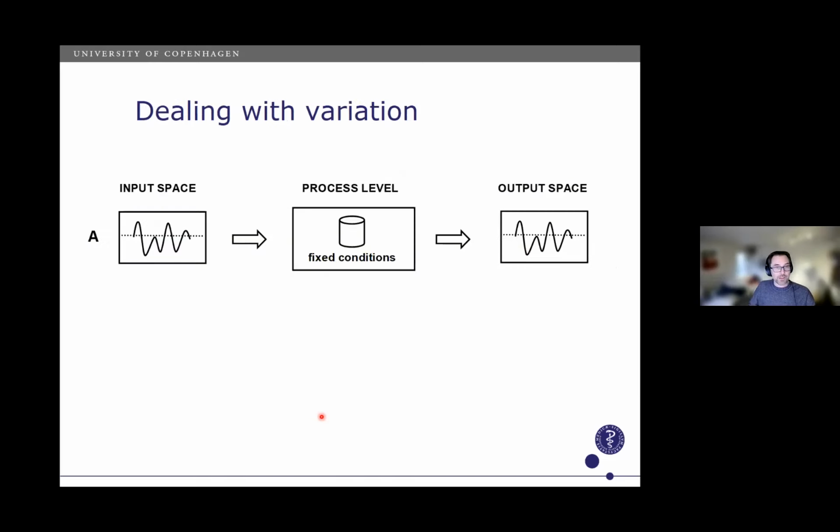So if we contrast these two scenarios with this visual expression, here we are having again the input properties and then processing level and then output quality of your product. So if you have a variation in the input properties like the quality of an excipient, if you're using fixed process conditions, then you just simply transfer that variation into the quality of your product.